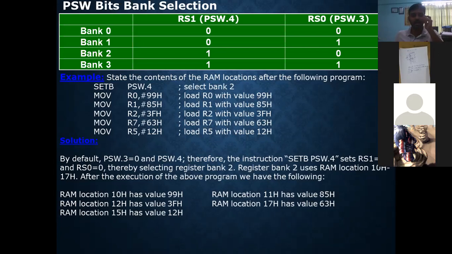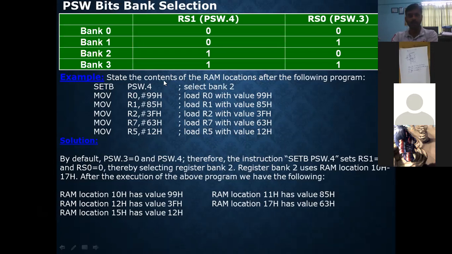The set bit instruction means a particular single bit will be set to 1. Clear? So this SETB means set bit. Set means 1, reset means 0. So SETB PSW.4 means this PSW4 bit is set to 1.